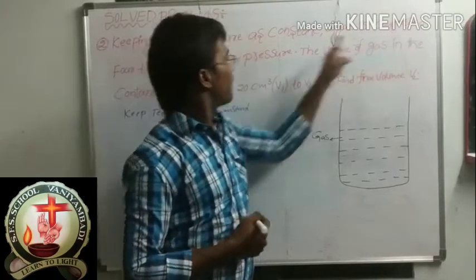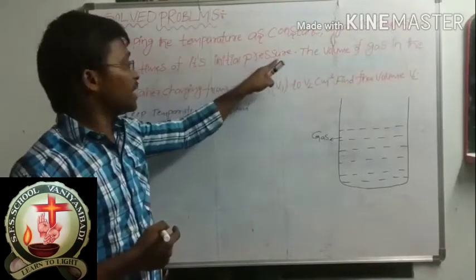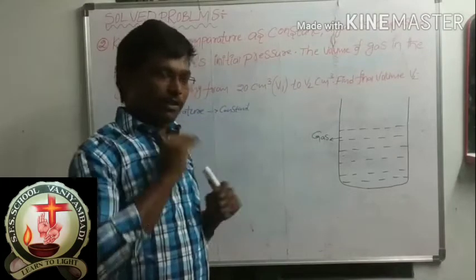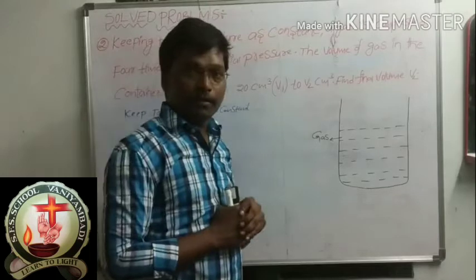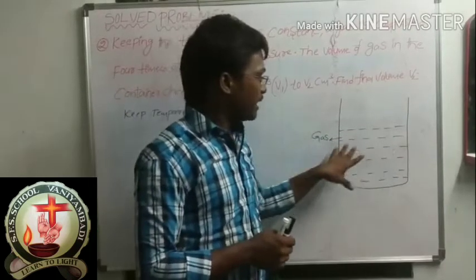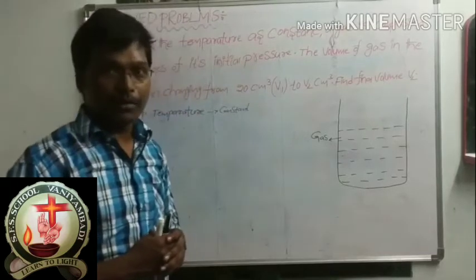A gas is compressed 4 times of its initial pressure. First of all, this is the container. This container has gas. Okay.